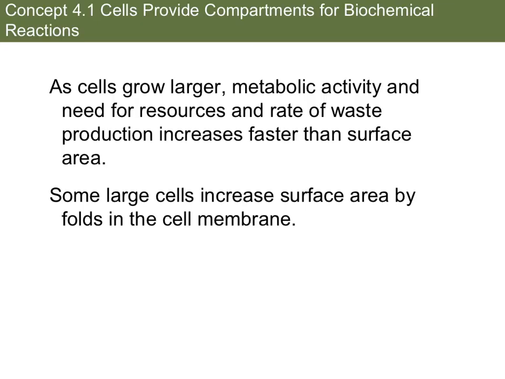So as cells grow larger, the metabolic activity, need for resources, and rate of waste production increase faster than the surface area. In some cases, large cells can increase that surface area by folds in the cell membrane. What this slide is saying, and is important for you to understand, is the relationship here.